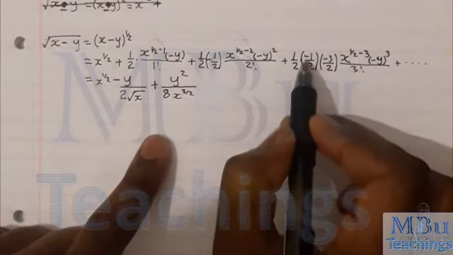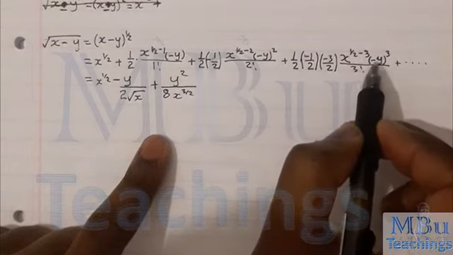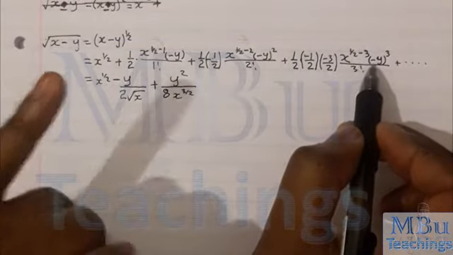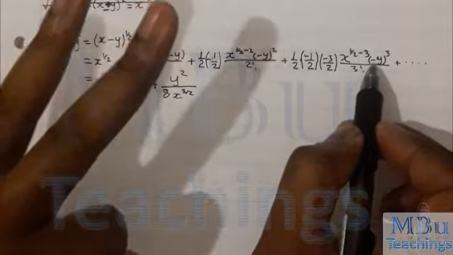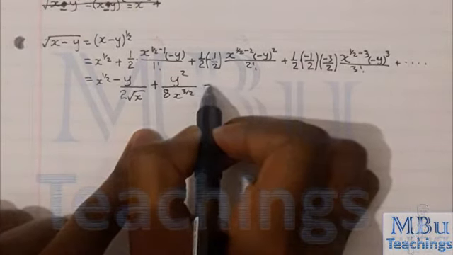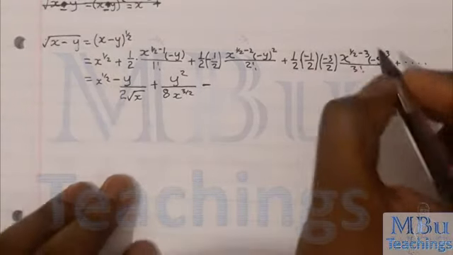Then we come to this one, negative times negative, that's a positive. This is cube, so that means it's negative times a negative times a negative, so that is negative. Negative times a positive, it will be a negative, so we have a negative here. Okay, let me change this.